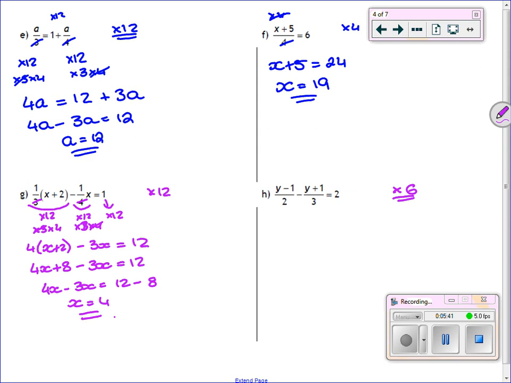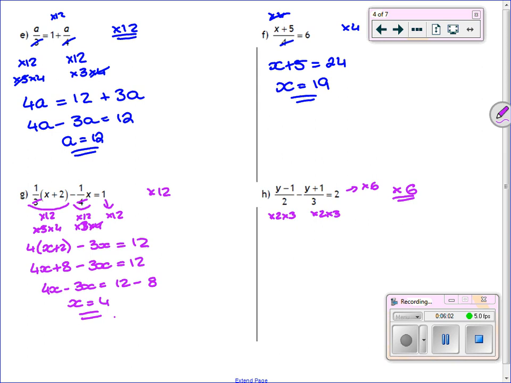That's the same as saying times 2 times 3. To multiply the second fraction by 6, that's the same as saying times 2 times 3, but we'll multiply the 3 first. And then we can just go ahead and multiply the 2 by 6 on its own.